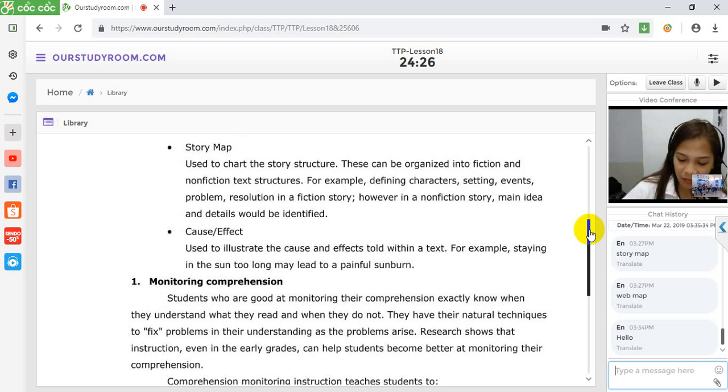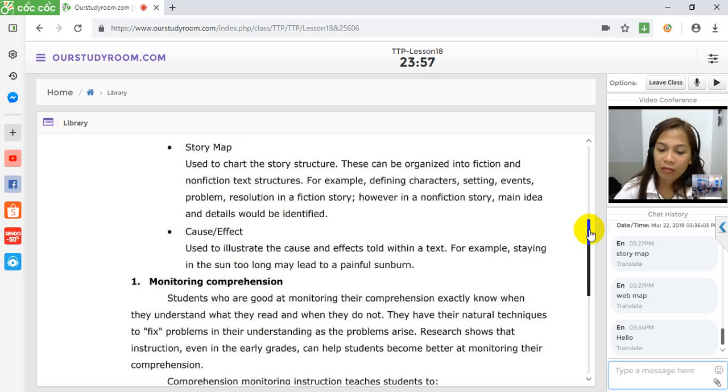Example, when I teach about animals, the word "scary." They don't understand what it means. So during reading, I can help them understand more.